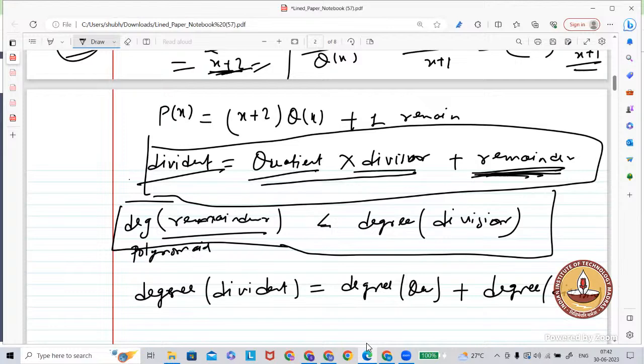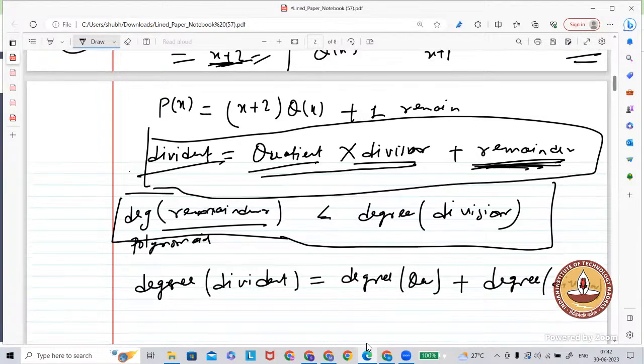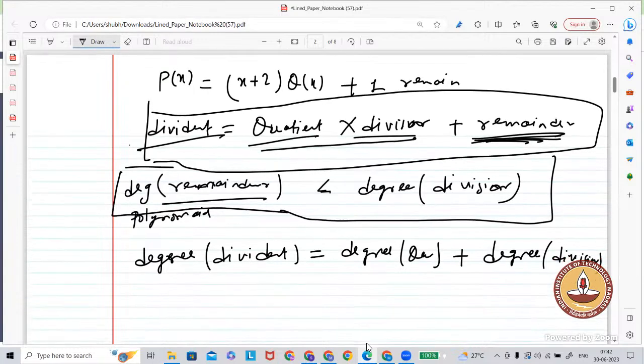And you know multiplication: this is a multiplication, right? If you are multiplying two polynomials, the degree of the resulting polynomial is equal to the sum of the degrees of the polynomials you are multiplying, here the quotient and the divisor.